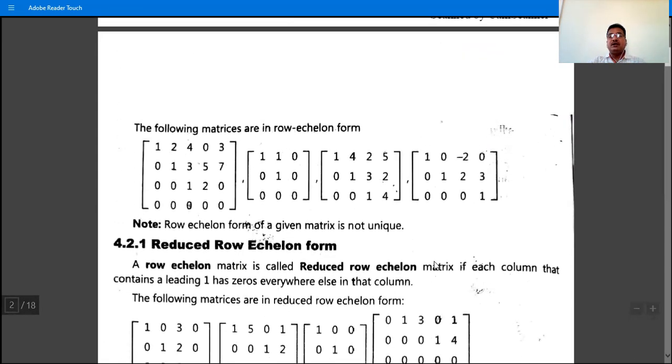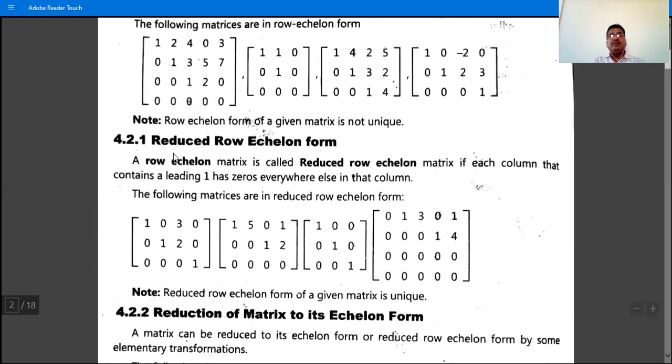So what is the fourth condition? First, the matrix is in row echelon form, and the fourth condition is what? Each column that contains a leading one has zeros everywhere else in that column.